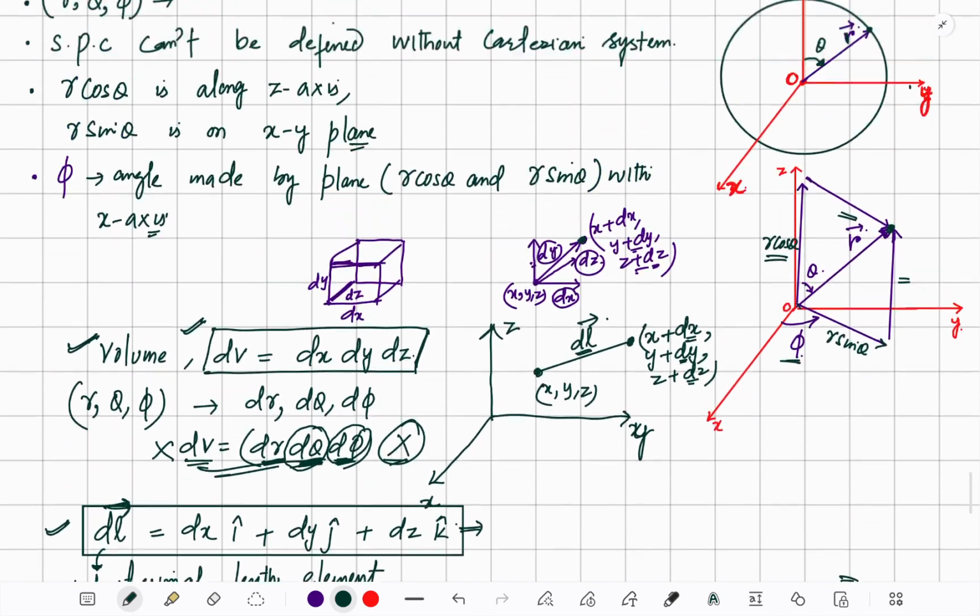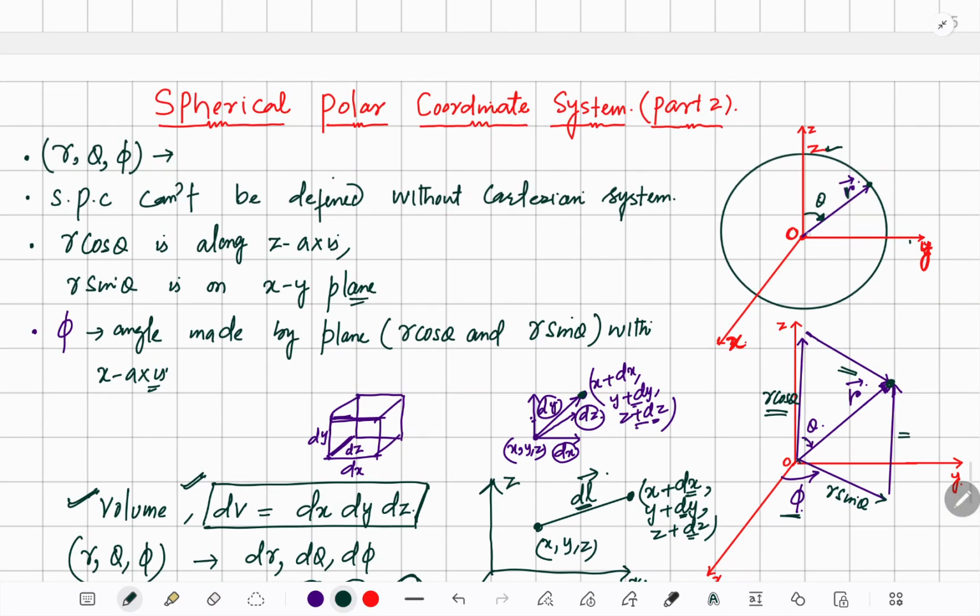If we understand this figure, this is the r vector. If we move from r to r plus dr, there is some vector here.